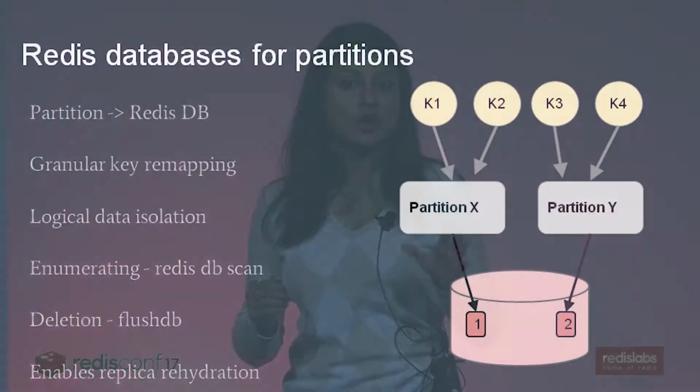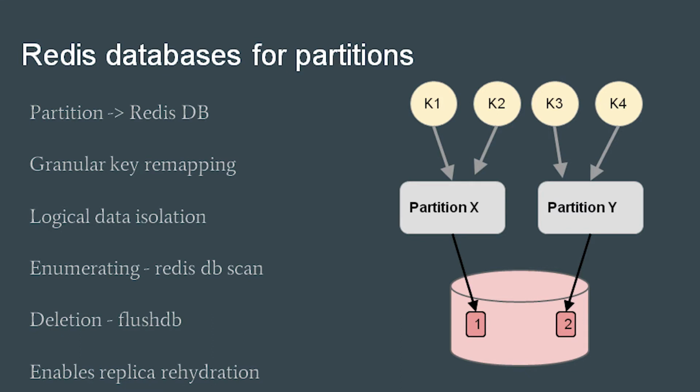Another advantage of this is that you automatically get logical data isolation. If there are a number of keys belonging to different partitions in the same Redis node, you can still uniquely identify and act on all the keys belonging to a particular partition.